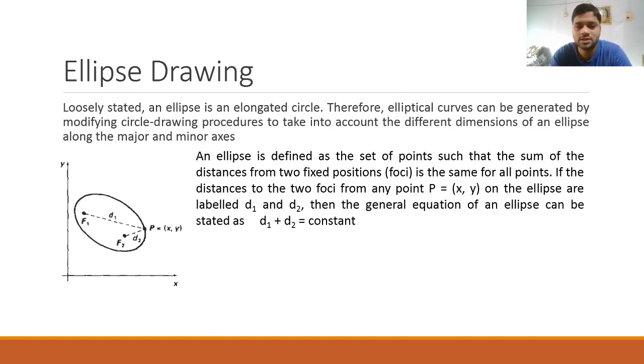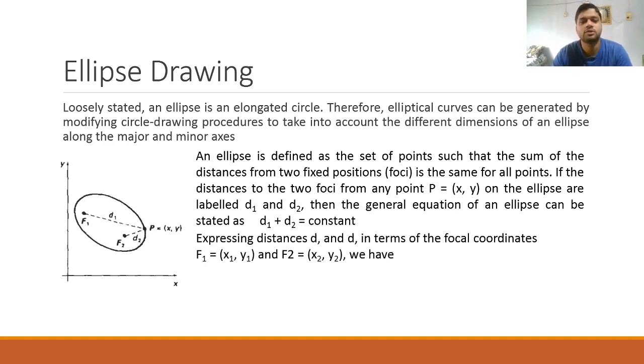So it is defined as the set of points such that the sum of the distances from two fixed points, that is foci, is the same for all points. If the distances to the two foci from any point P(x, y) on the ellipse are labeled d1 and d2, then in general d1 plus d2 is constant.